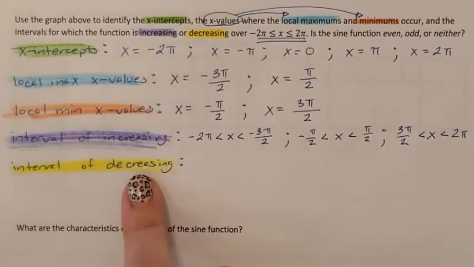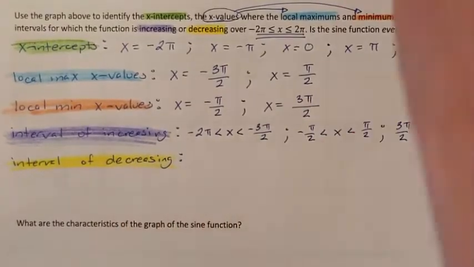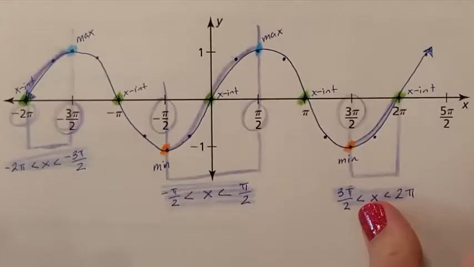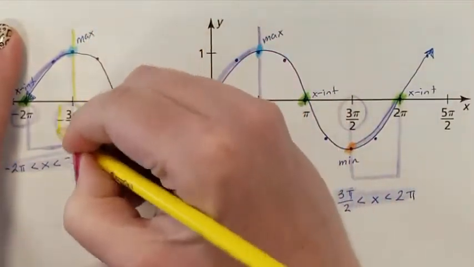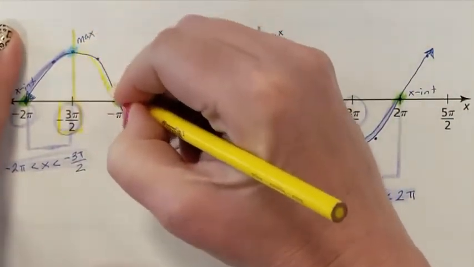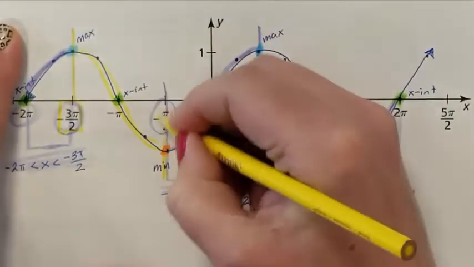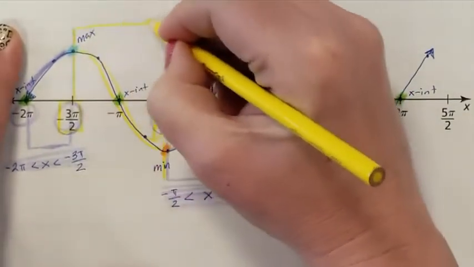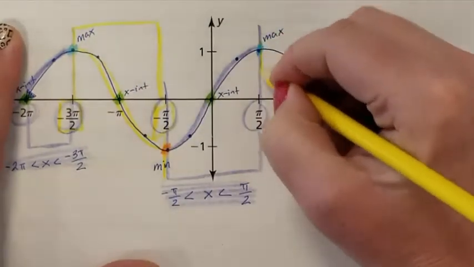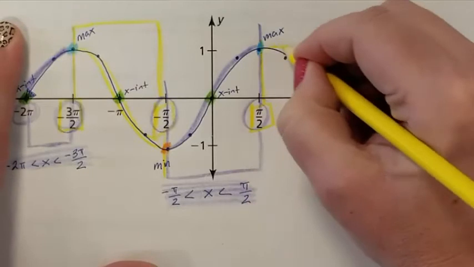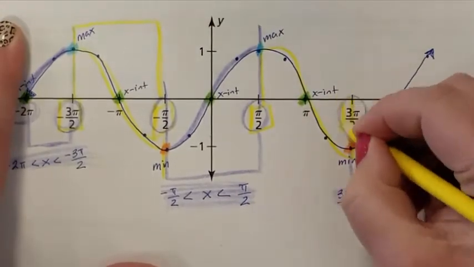Now let's go ahead and look at the decreasing. Decreasing is when you're going down the mountain. So let's look at our table. So here's our graph. Going down the mountain, I saw that I could start at this value right here and go down the mountain to stop right here at this value. So I have this area of decreasing. Same here. I started here, went down the mountain, and I ended here.